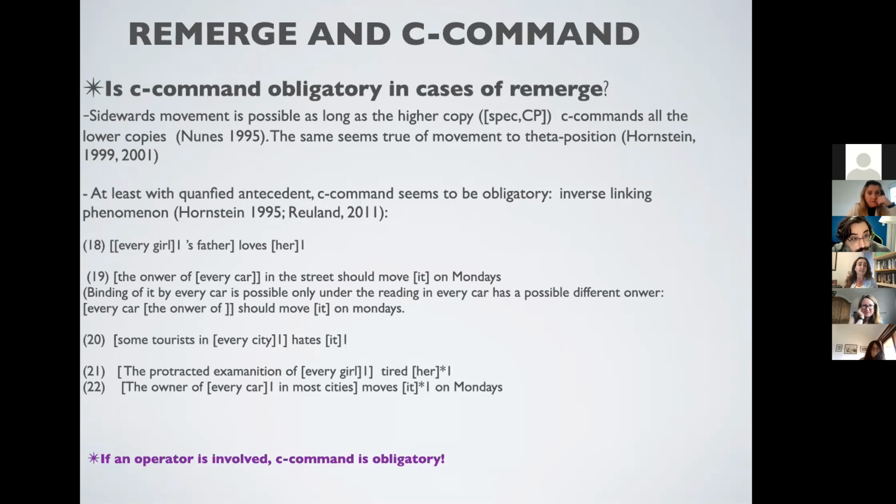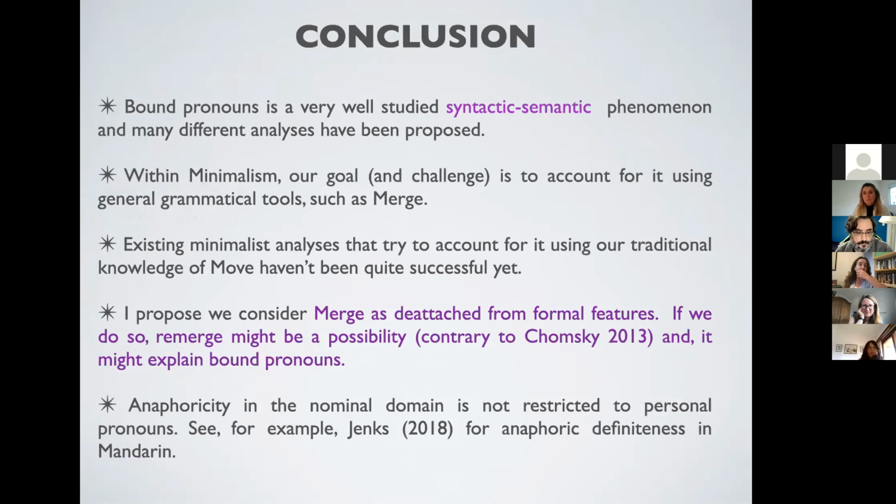Well, in this case, what I can tell you is that it seems, at least with quantified antecedents, C-command seems to be obligatory. Those are cases of the inverse linking phenomenon discussed by Heim and Kratzer. So my conclusion is, if an operator is involved, C-command seems to be obligatory.